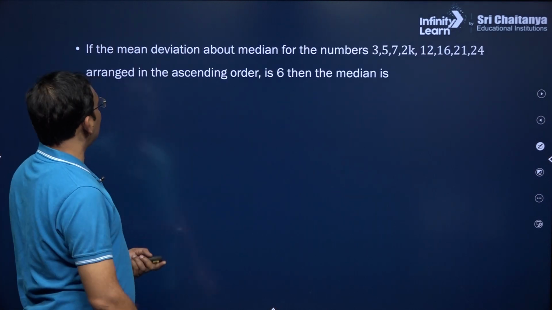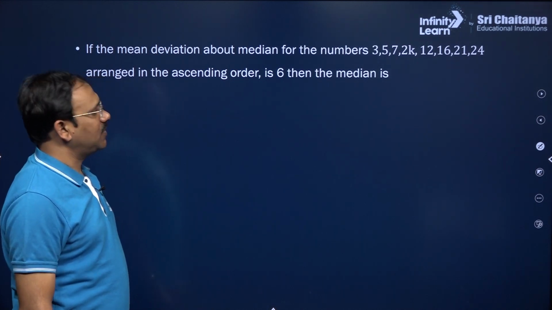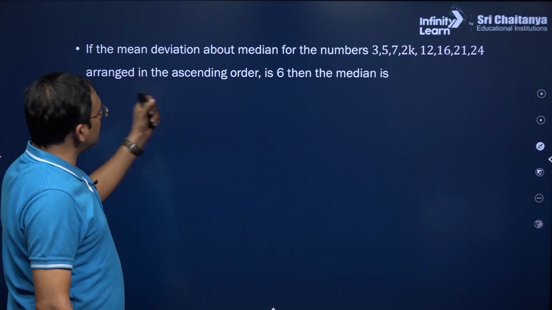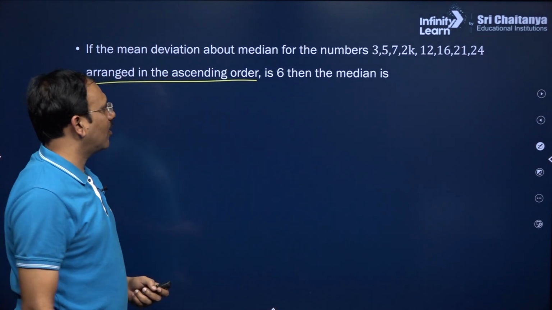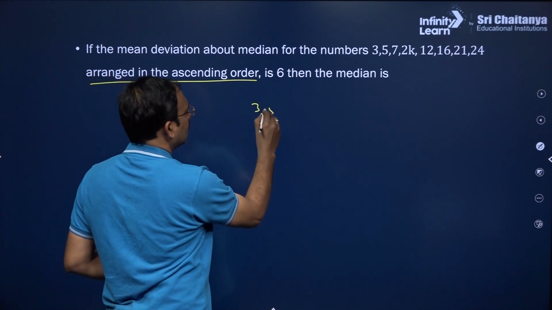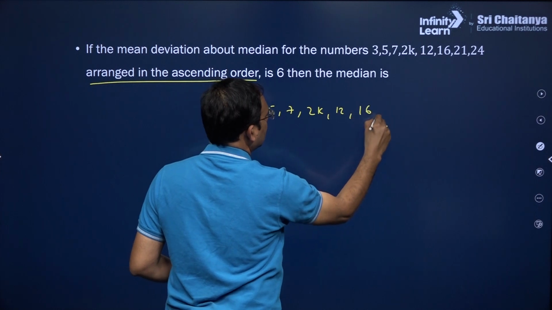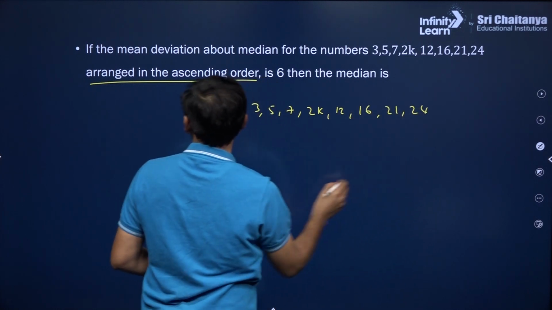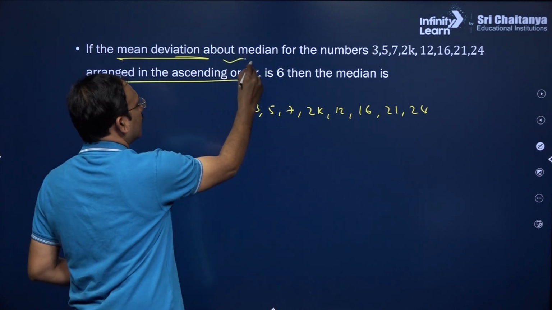Then the mean deviation about the median for the numbers arranged in ascending order. That means he has already arranged them in ascending order. The numbers are 3, 5, 7, 2k, 12, 16, 21, 24. He is asking for mean deviation about the median, right?